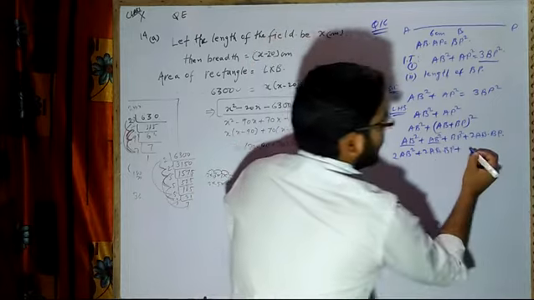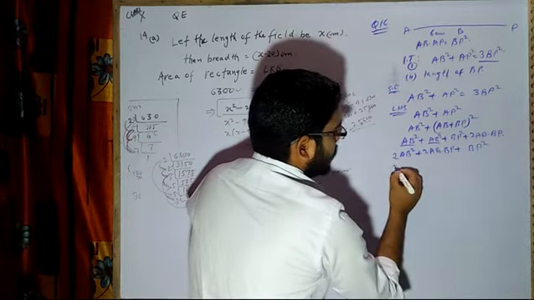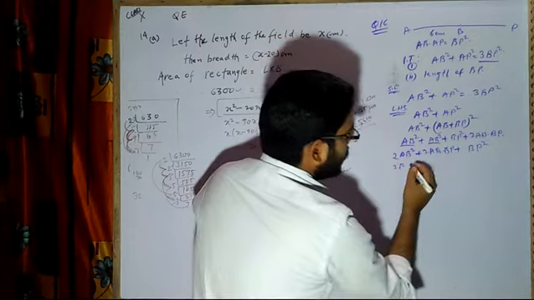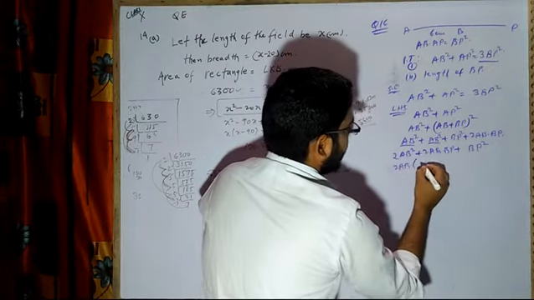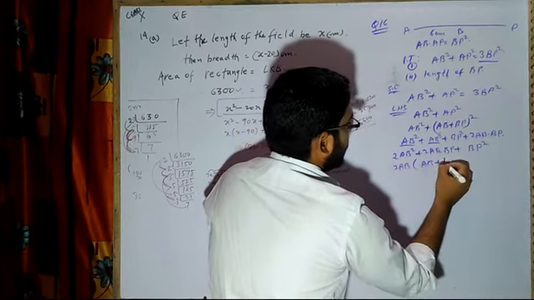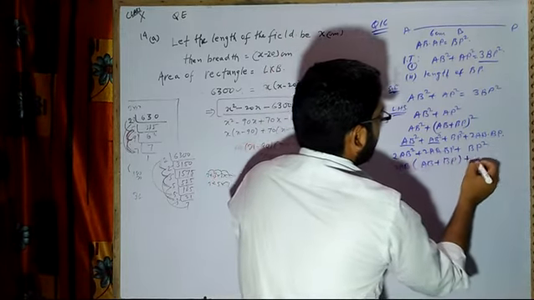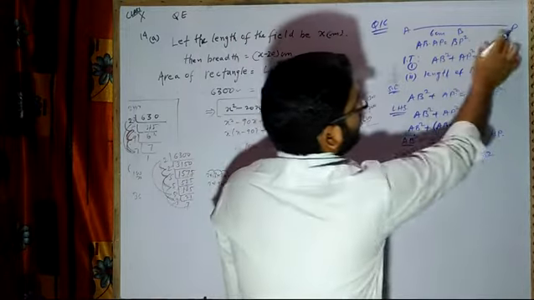This I have brought this side plus BP square. Now you see AB is common in both, so I can write 2AB bracket, here I will get AB plus BP, square.